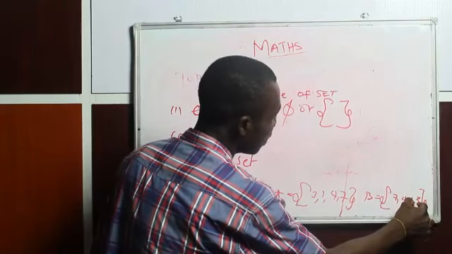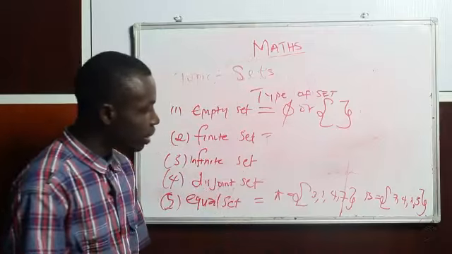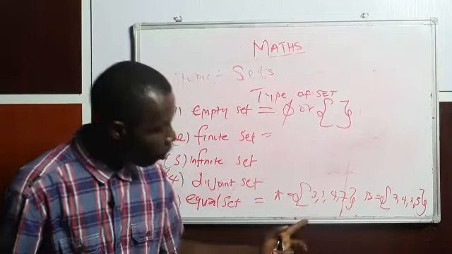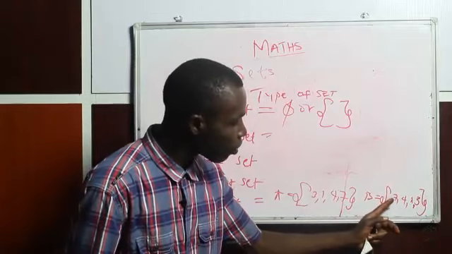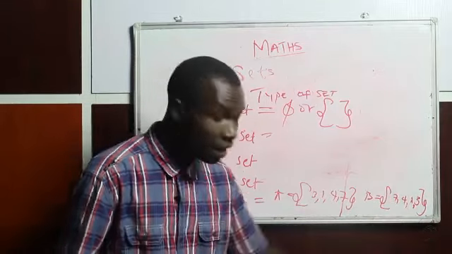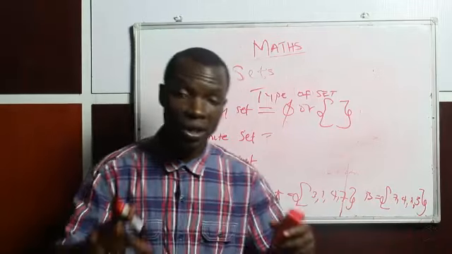So they have the same elements. That's called equal set. We only changed the order by having 7 here, 4 here, 1 here, and 3. So they are equal sets.